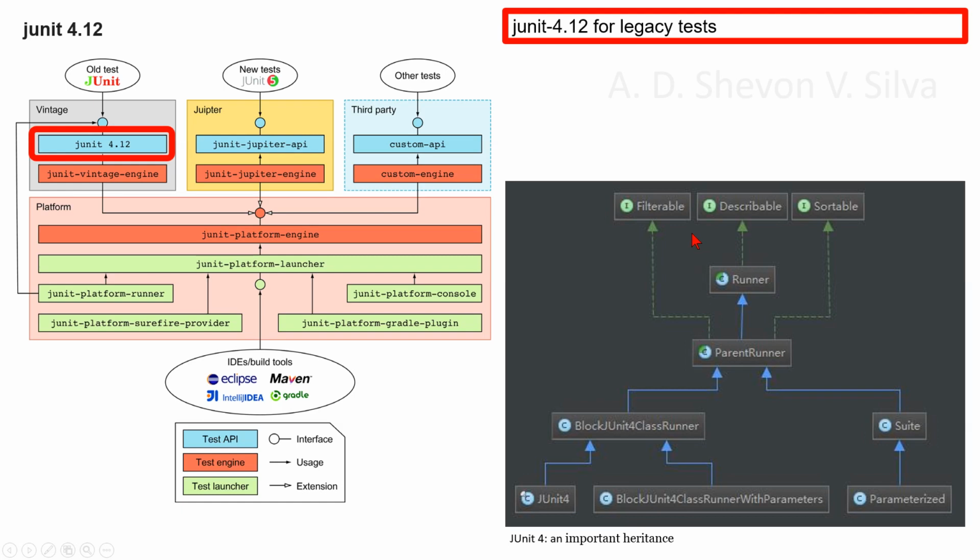Here you can see the interface Filterable in org.junit.runner.manipulation. The runners that allow filtering should implement this interface. Implement filter to remove tests that don't pass the filter.